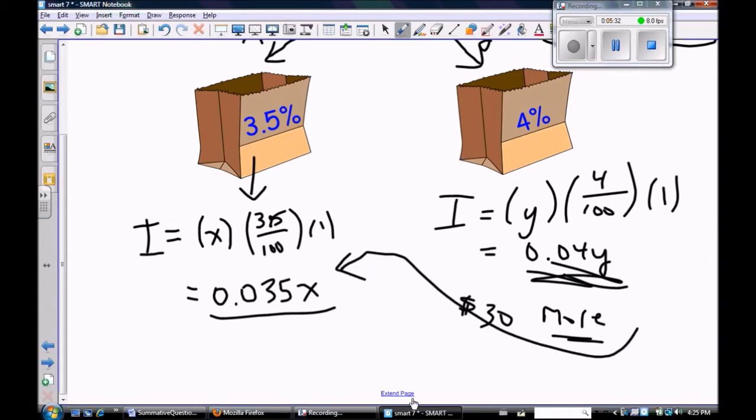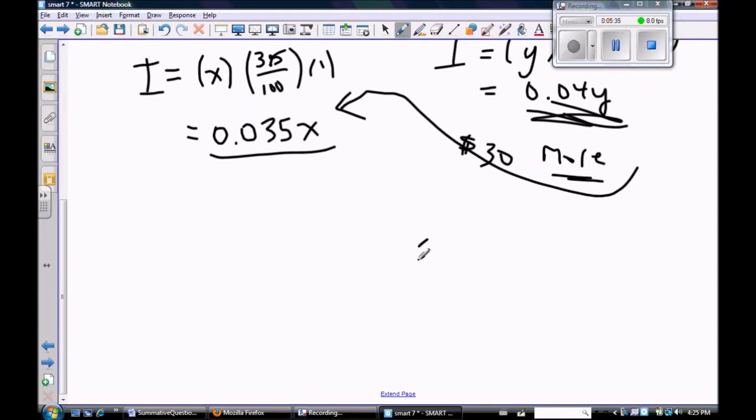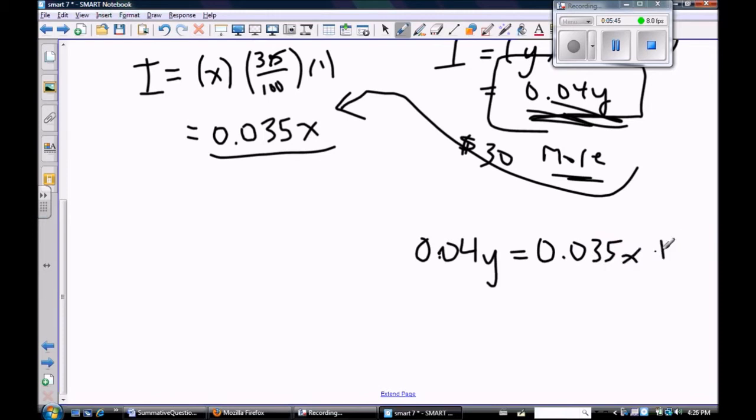So how do I say that algebraically? I can say that this amount here is the other amount, but $30 bigger.